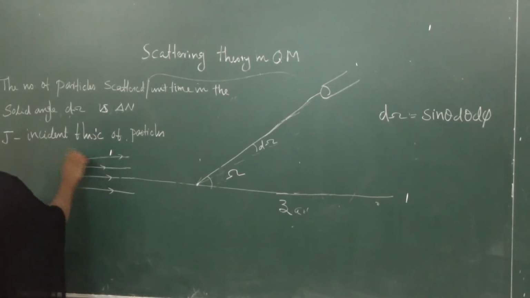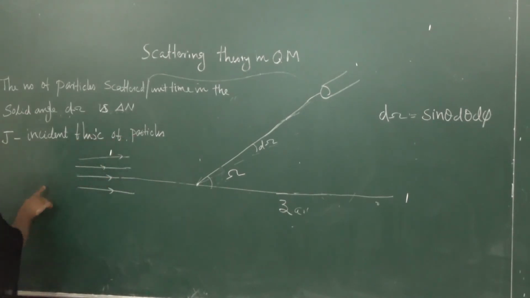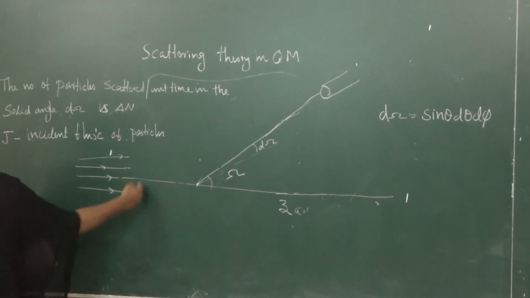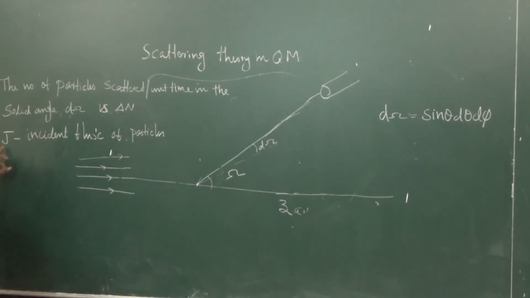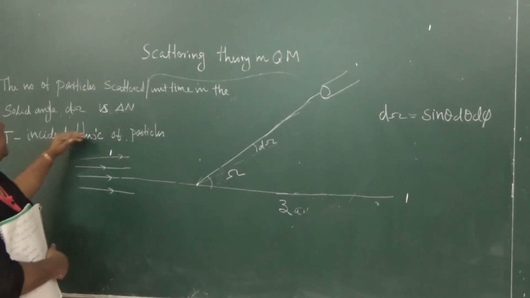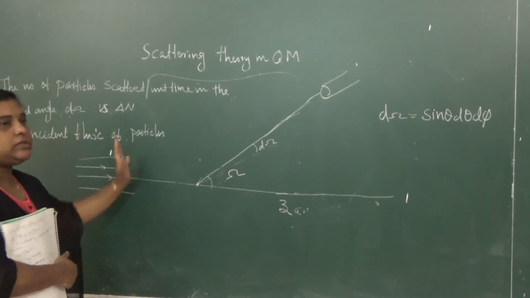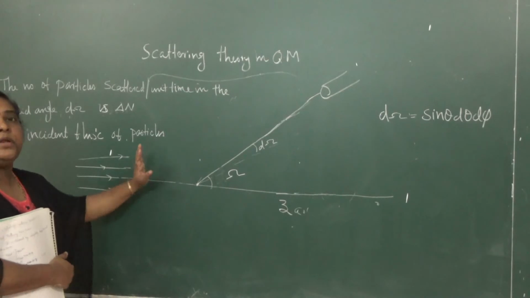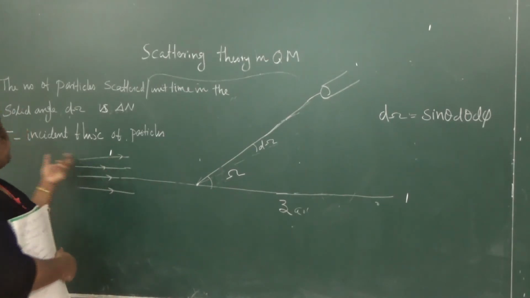J is the incident flux of the particles. That is, the incident flux means the number of incident particles crossing unit area per unit time. That is the flux J.